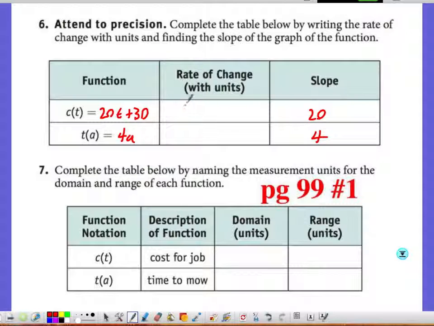Rate of change, well, with units, that's going to be an important thing that you should always remember. 20, rate of change is basically another word for slope. So rate of change with units, 20 what? 20 blank for every blank. That's basically what it wants you to write.